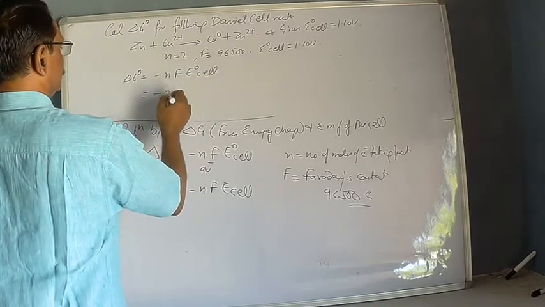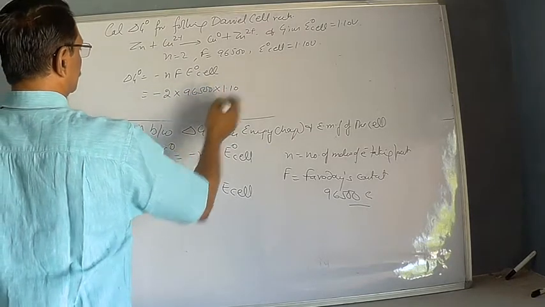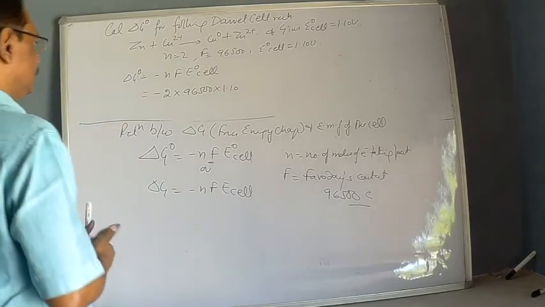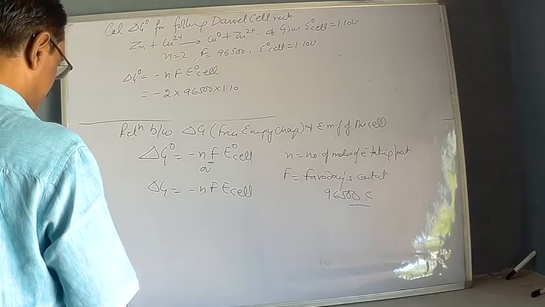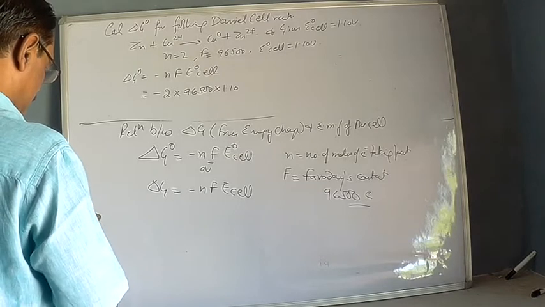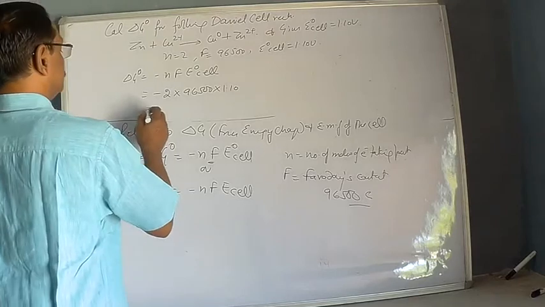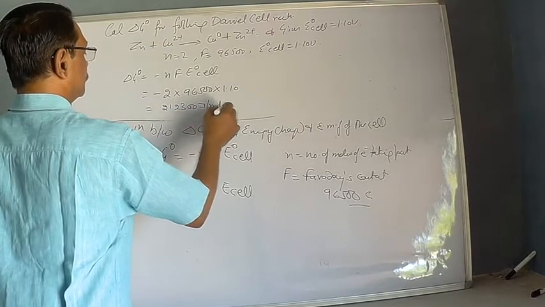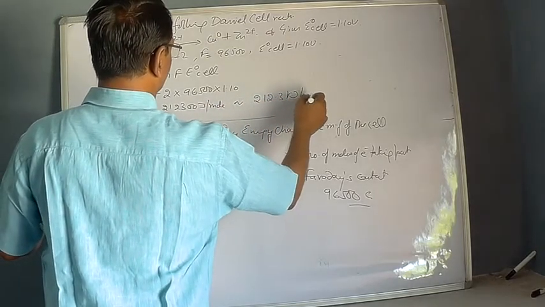Number of moles of electrons 2, Faraday constant 96,500 multiplied by 1.10 volt. So we get the total value over here, minus 212,300 joule per mole or minus 212.3 kJ per mole.